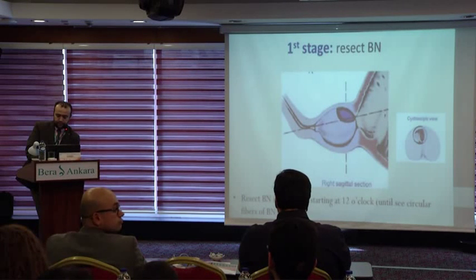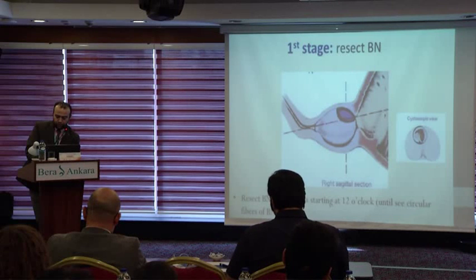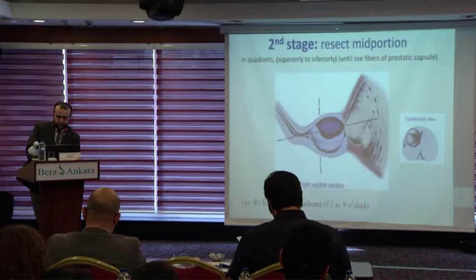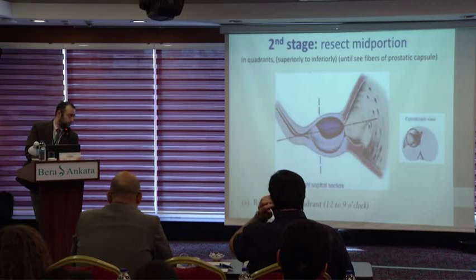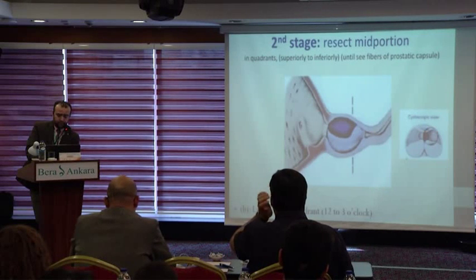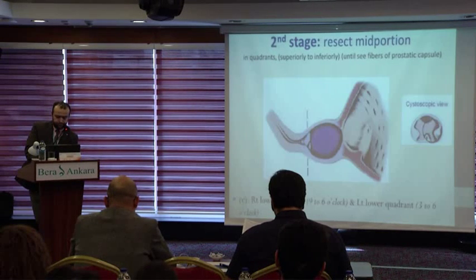We start with the basal parts, and at 12 o'clock we see circular fibers. We continue from 12 o'clock to 9 o'clock, and after that 12 o'clock to 3 o'clock for the prostate lobes, as you see in the diagram.